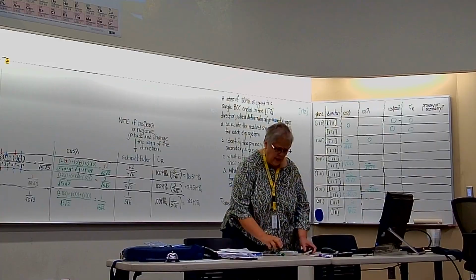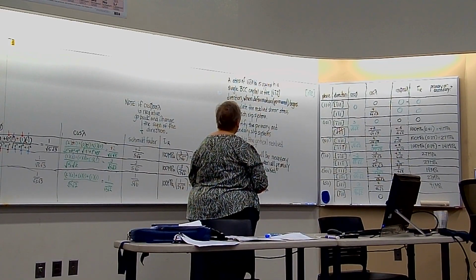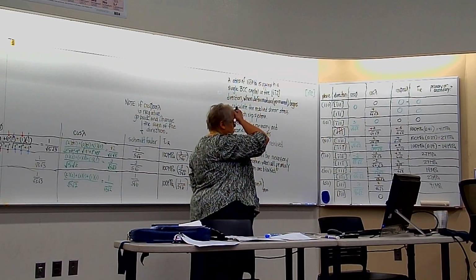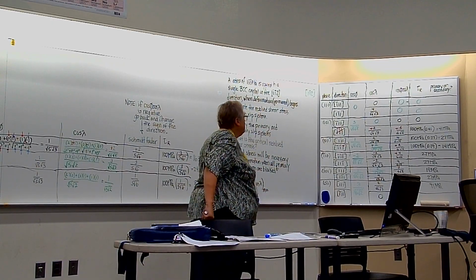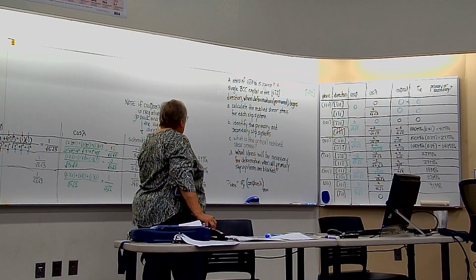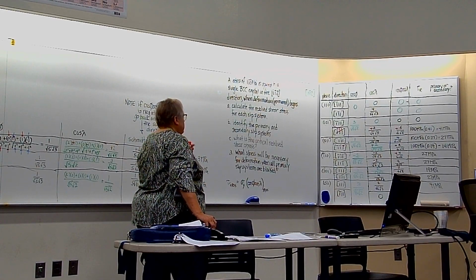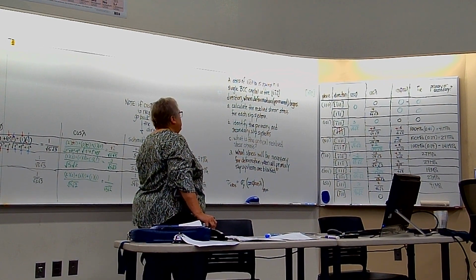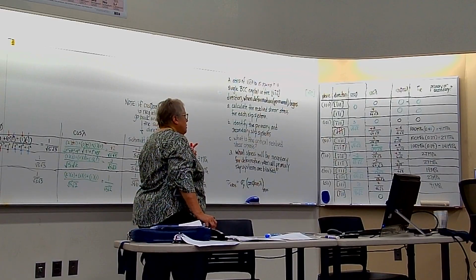And when we come back, part two says identify the primary and secondary slip systems. So let me just note that when the stress was increased to 100 megapascals, this metal started to deform.